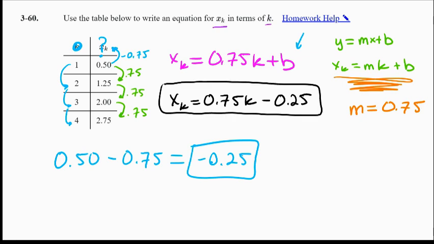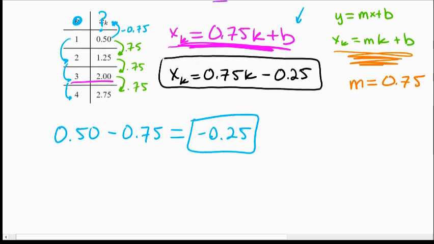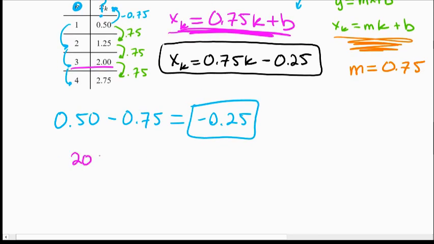The other way to do this is, I have this equation here in pink, and I can just plug in any of these values, right? So I can just take 3 and 2 and plug those values in. When I do that, I get 2 equals 0.75 times 3 plus b, and then I can solve that.